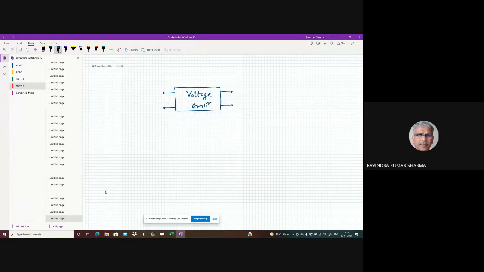Then I need a feedback network, whose input will be a voltage and whose output will also be a voltage. Now, where will its input be taken from? This will be taken from the output of the amplifier.